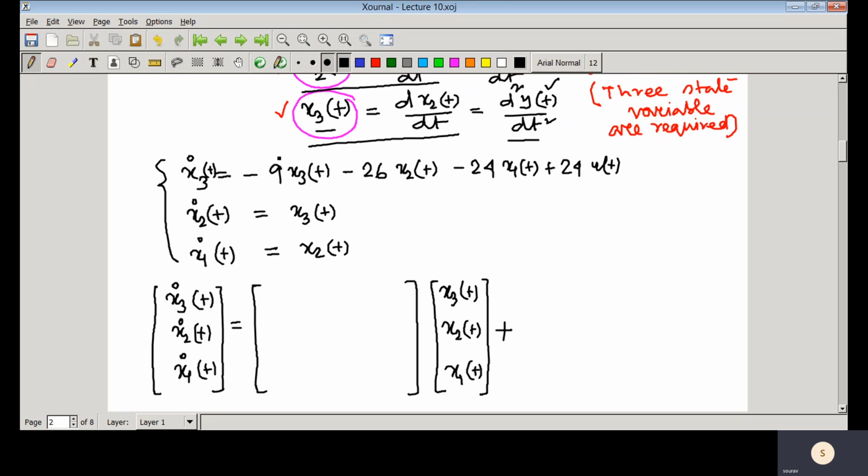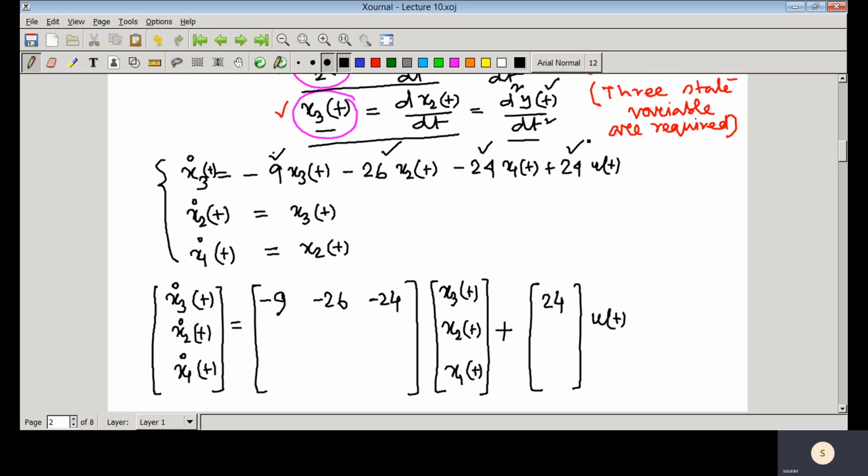Now here you have minus 9, then minus 26, then minus 24, and here you have another matrix term, which is 24. So the first equation is written in matrix form.